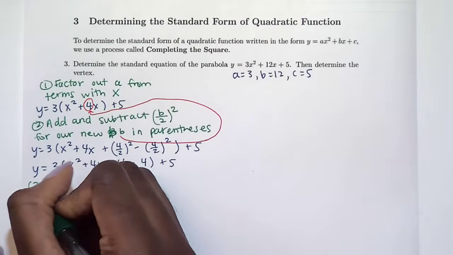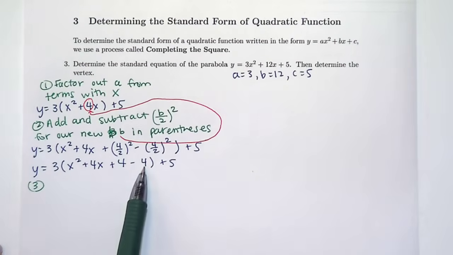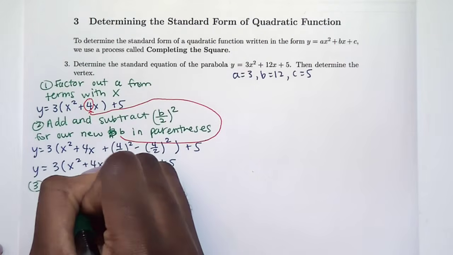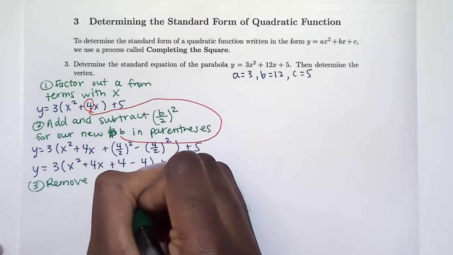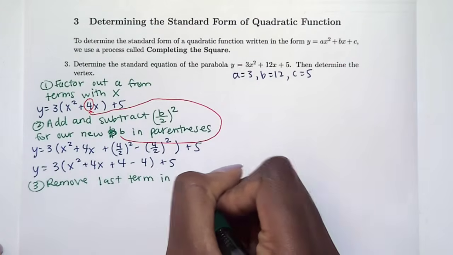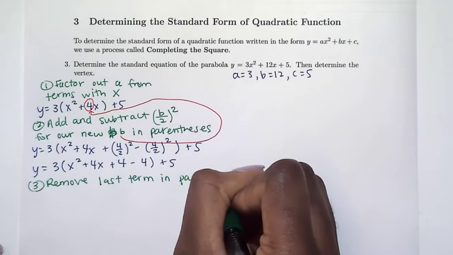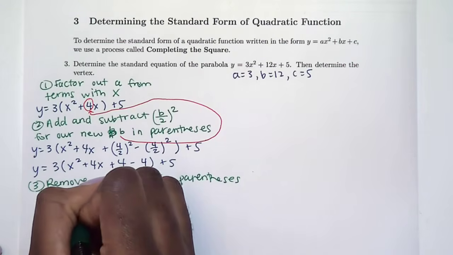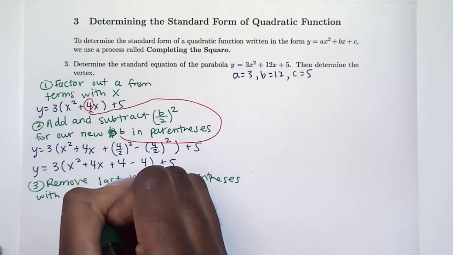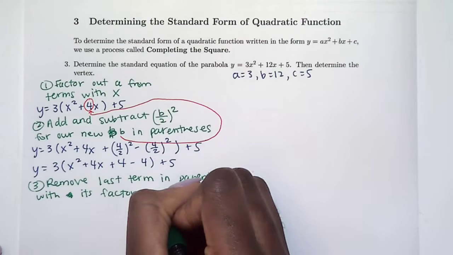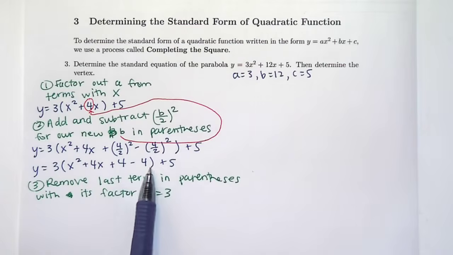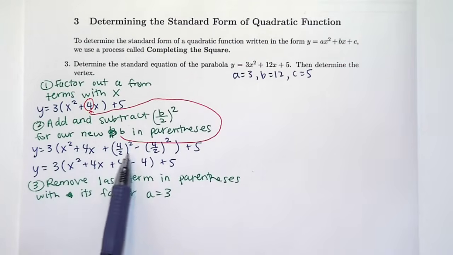Third step, we now want to remove the last term in parentheses along with its factor of 3. So I'm going to tell you what I mean here. We can't just take this 4 outside of the parentheses because we still have to multiply it by 3, right?